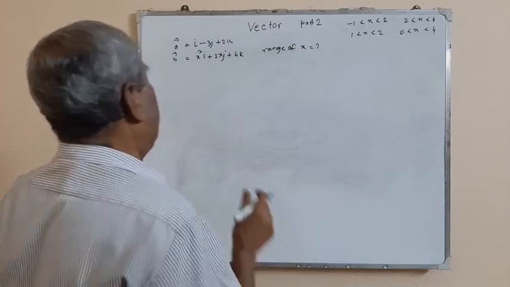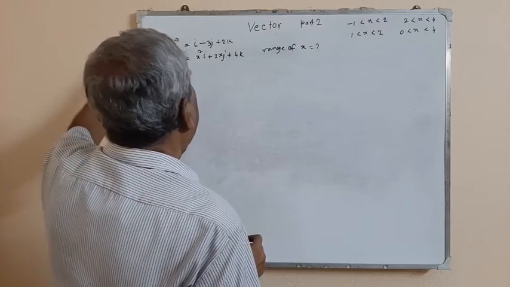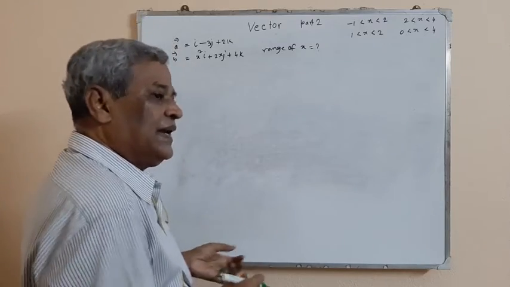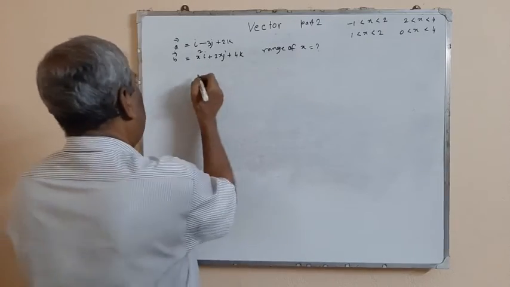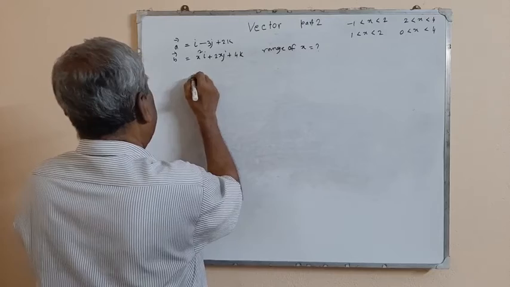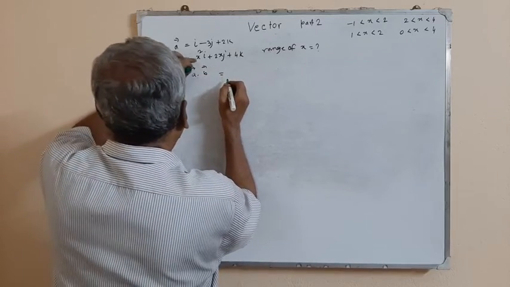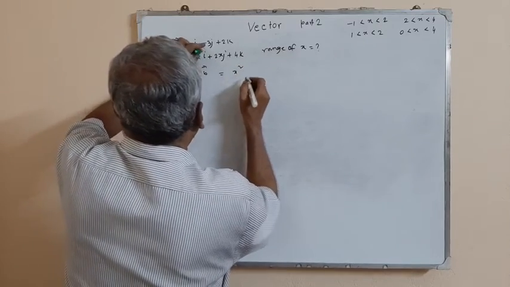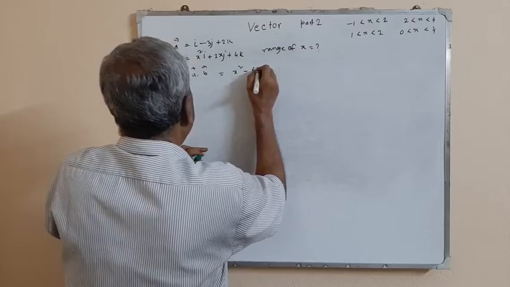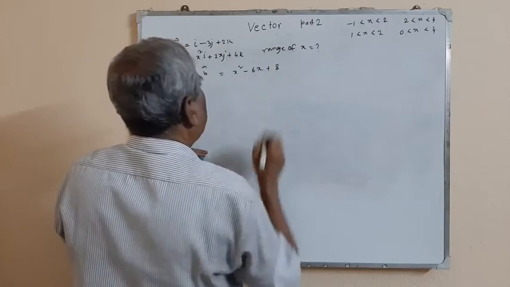Okay. Given that the angle between A and B is obtuse, that is, cos theta is negative. Now, from this relation, A dot B is equal to x square into 1, that is x square, 2 into minus 3, that is minus 3x, and 4 into 2, that is 8.